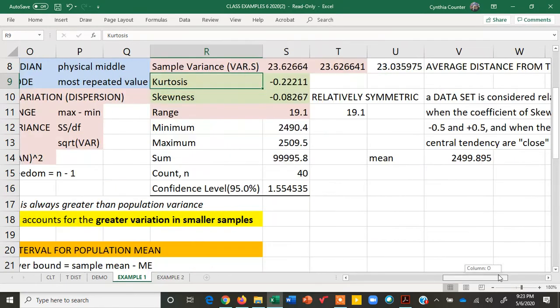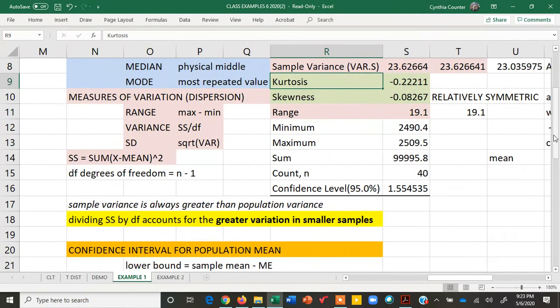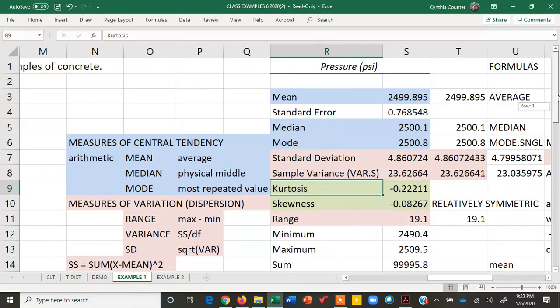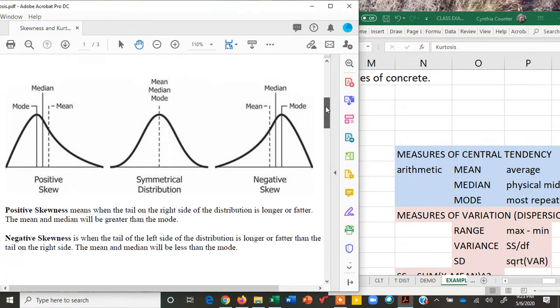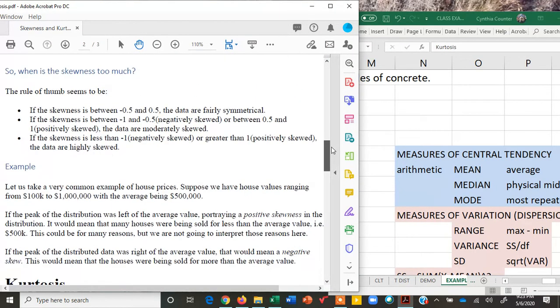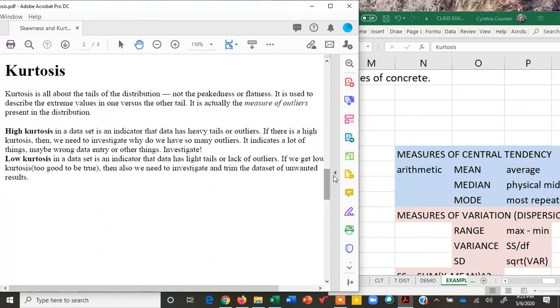Now, the article I found, though, has what I consider a much better definition. It's not so much the peakedness of the data as how flat or steep it is, but it is more a measure of outliers, okay? So it's not the peakedness or flatness, it's a measure of outliers.